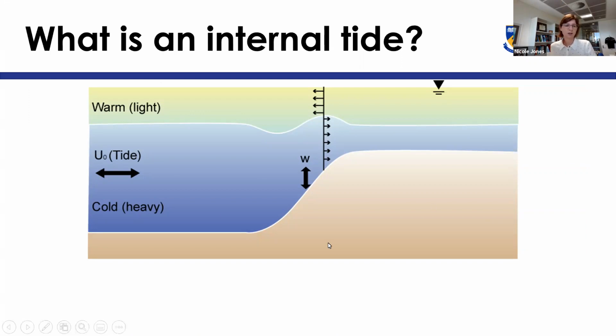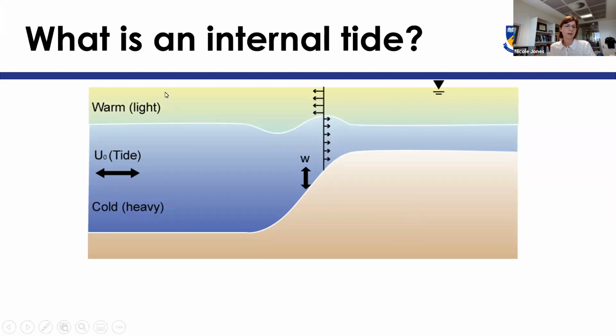So we'll start with defining what an internal tide actually is. As I said, I don't know everyone's background, so I'll make sure that I cover all of the basics. So an internal tide is very similar to a surface wave, where because you have a density difference between two fluids, at the surface we have the density difference between the atmosphere and the water surface.